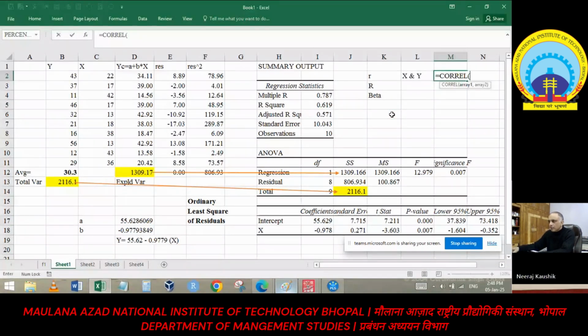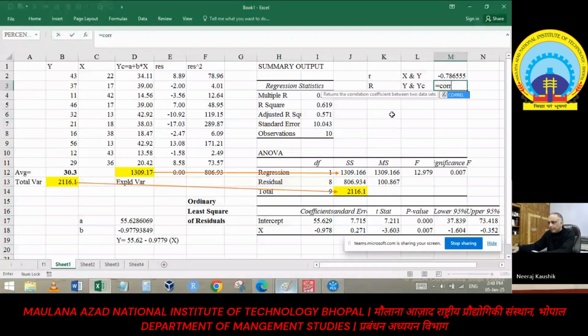So this is the Y series and this is the X series, 0.786. Capital R is the relation between Y and YC, not X and Y, the same CORREL formula.